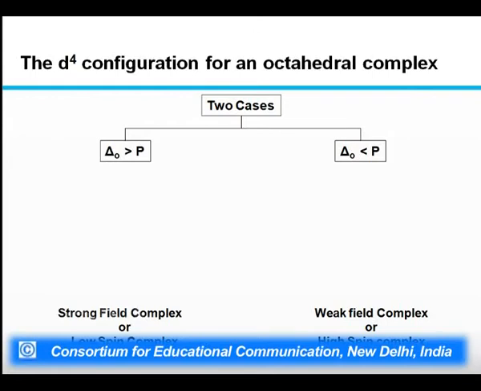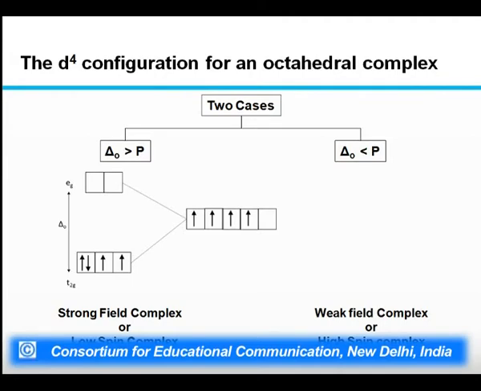So, the option that is adopted by a system actually depends upon the relative energies of delta naught and P, which is the pairing energy. So, the two cases are as shown in the slide. The first case is when delta naught is greater than P. When delta naught is greater than P, it is energetically favorable to pair up the electron in t2g.